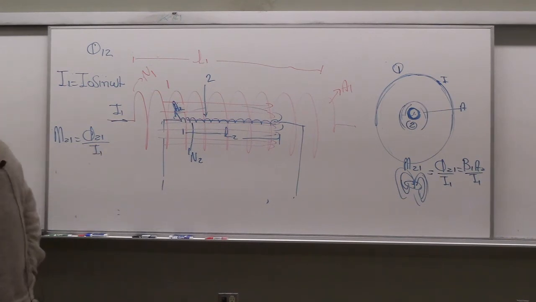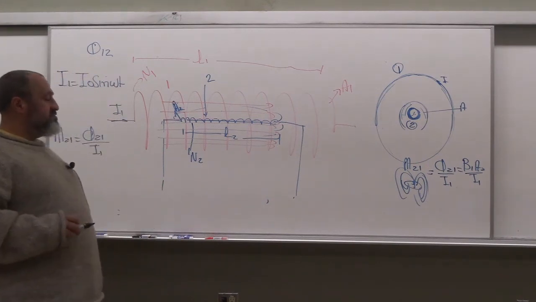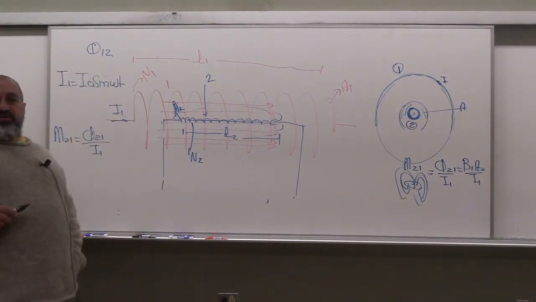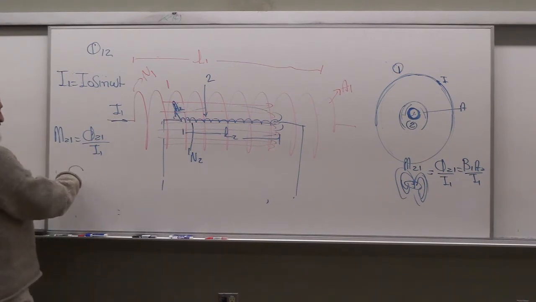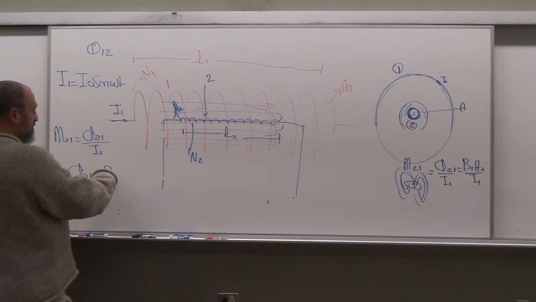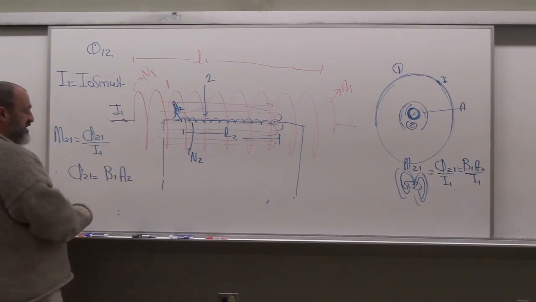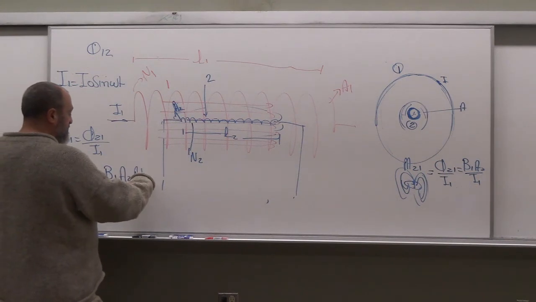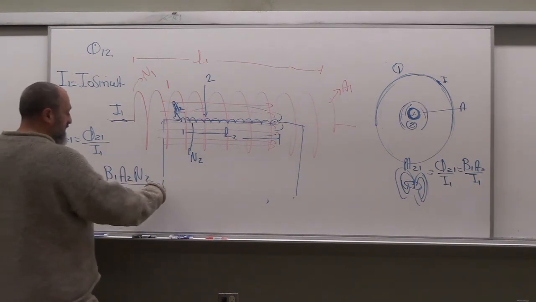All right, so what is phi in 2 from 1? Take it step by step. It is equal to the field from 1 multiplied by the area of 2, we're not integrating, multiplied by the number of turns N2, and divided by I in 1. And that is equal to what?